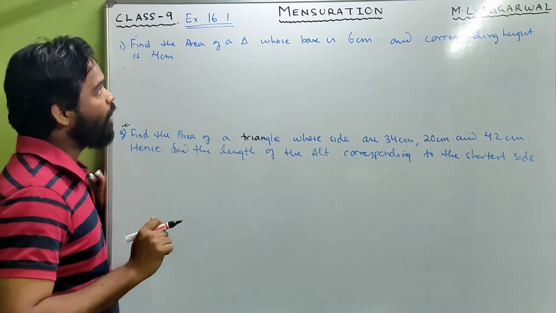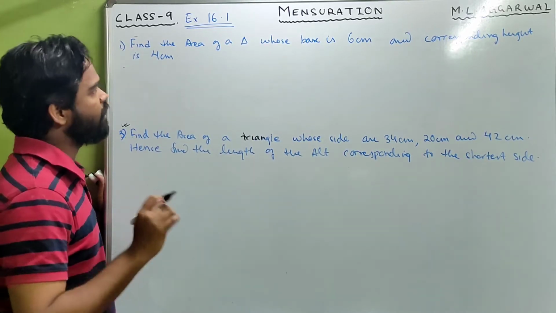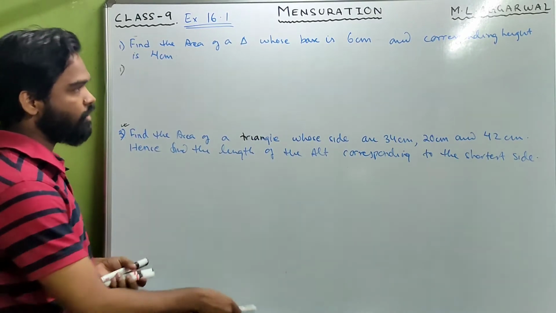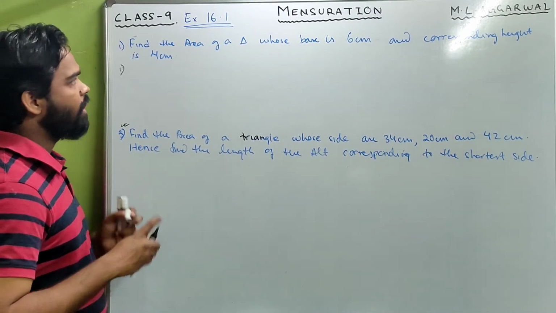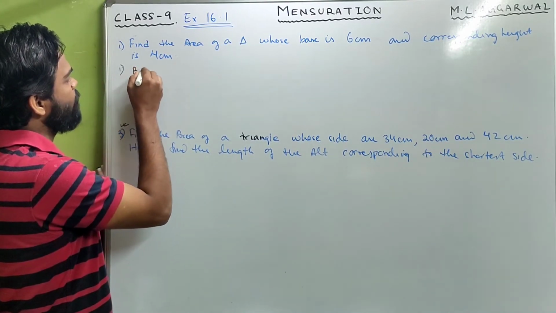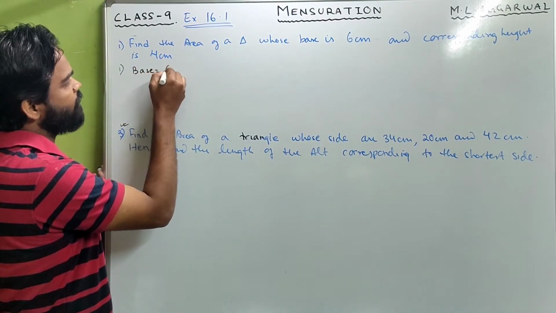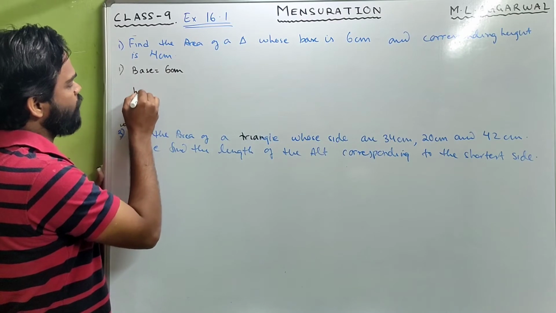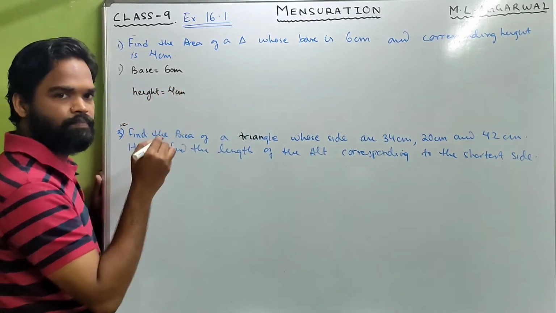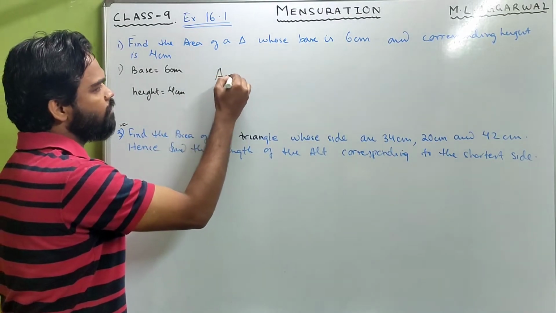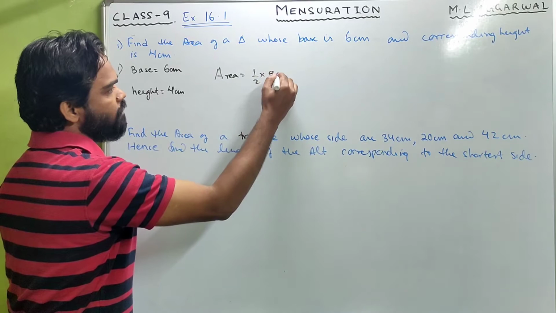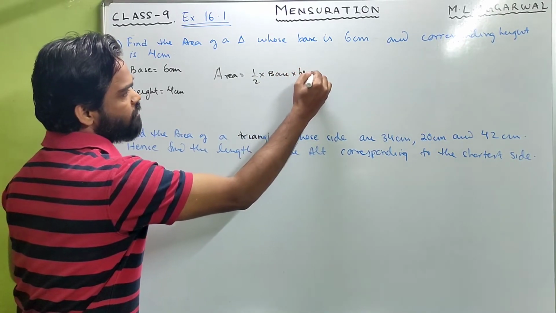Now look at sum number 1 from exercise 16.1, ML Aggarwal. Pretty easy. Find the area of a triangle whose base is 6 cm and the corresponding height is 4 cm. So area is half multiplied by base multiplied by height.